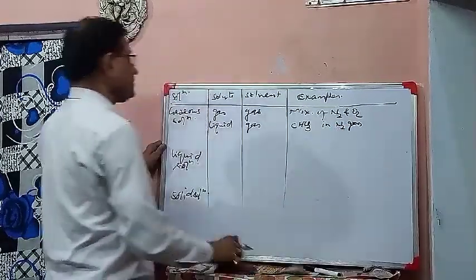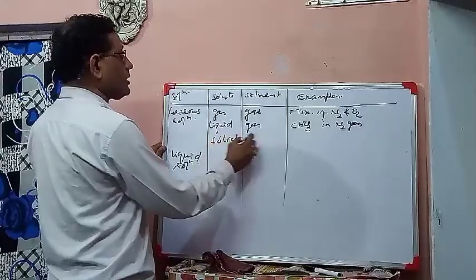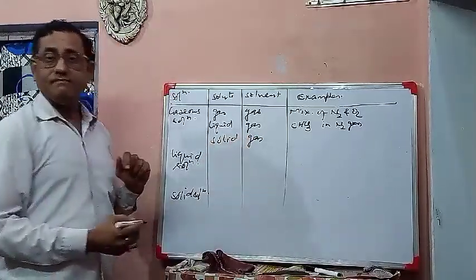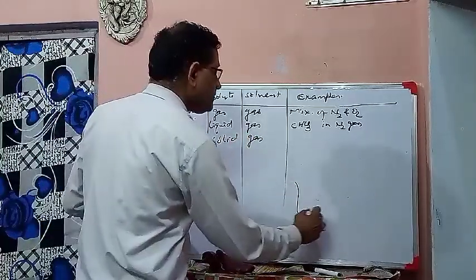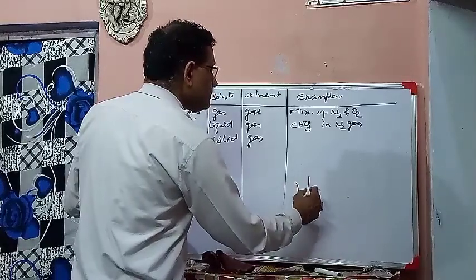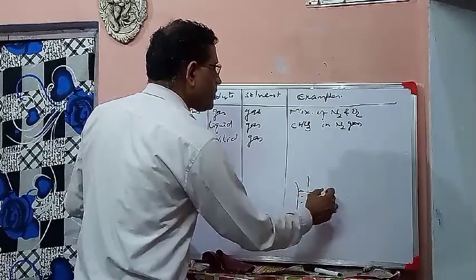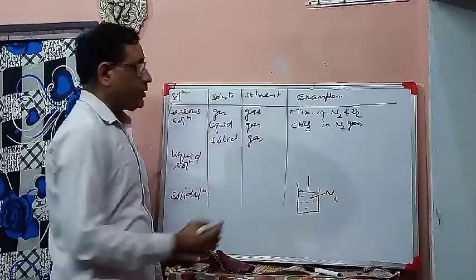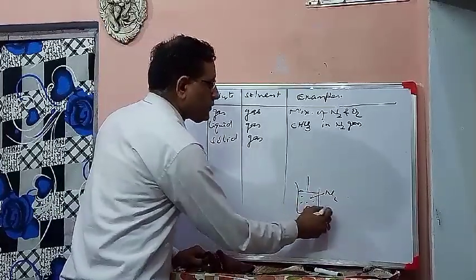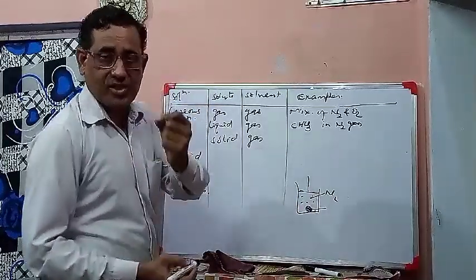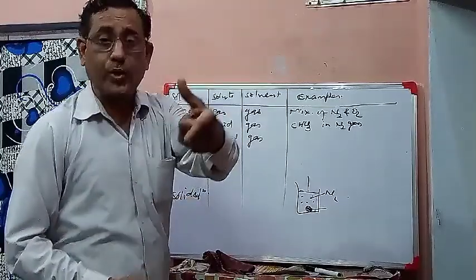In the same way, maybe solid into gas. You take some quantity of a gas, suppose nitrogen gas, and you take a piece of camphor, kapoor जिसे कहते हैं, or you can take iodine, I2.